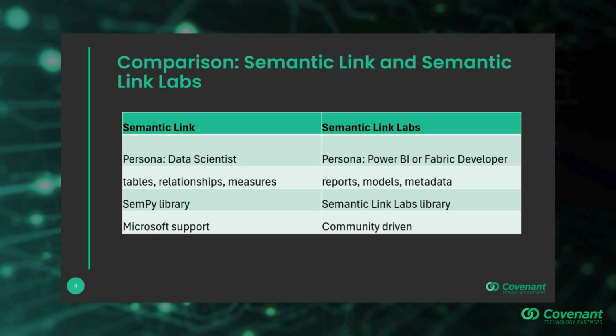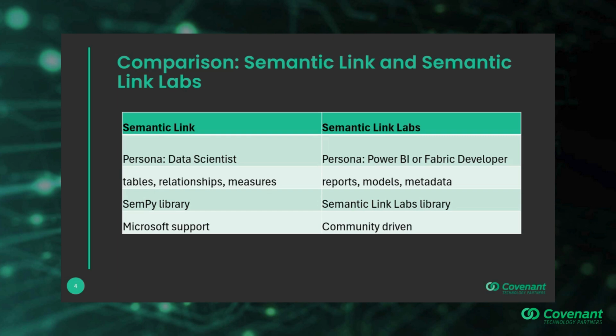Semantic Link is really geared towards data scientists. It provides access to tables, relationships, and measures, and allows you to perform operations on the data. It's based on the SemPy library, and it has Microsoft support. Semantic Link Labs is geared more towards Power BI and Fabric developers and administrators.